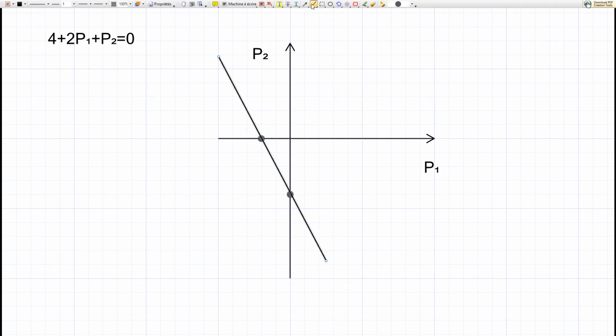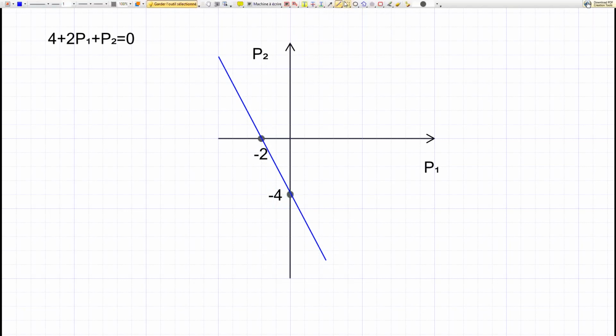So let's have this blue. Okay, so -2 and -4. So the second case was the confounded line.